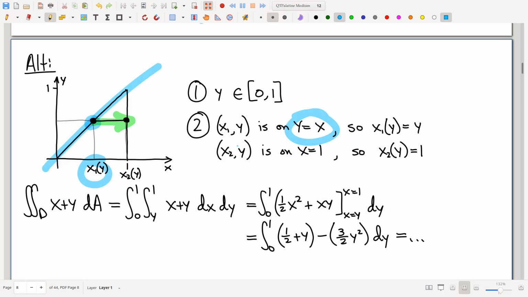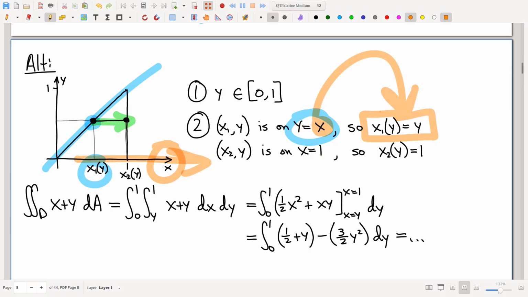Several step process there. You've got to follow that process. Wait a second, what am I doing here? Oh yeah, I am trying to find the x coordinate because I'm looking for an x bound. So I will solve for x in this equation. I need to view x as a function of y.